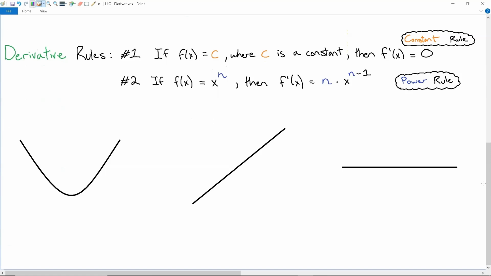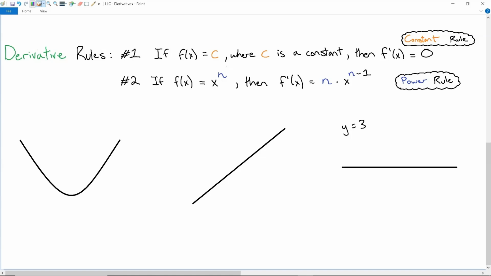Rule number 1: if f of x equals c, where c is a constant, then f prime of x equals 0. That is called the constant rule. And I will visualize that on our straight line right here. Let's say that this is the equation y equals 3.